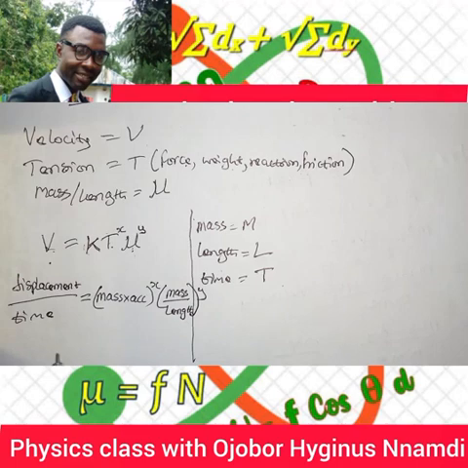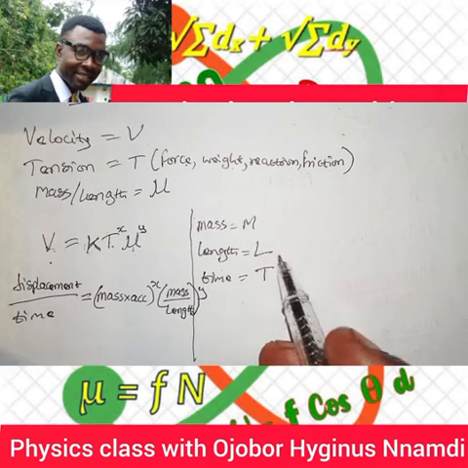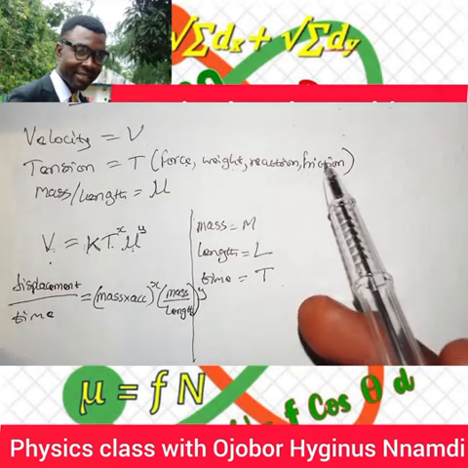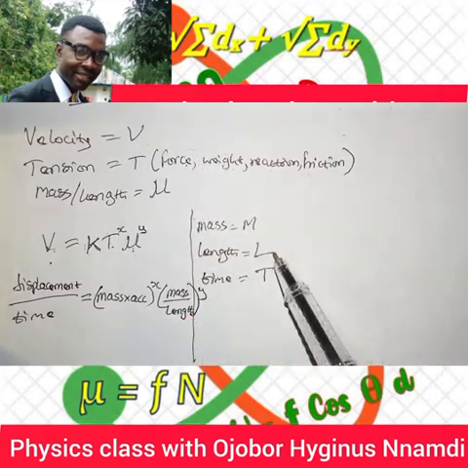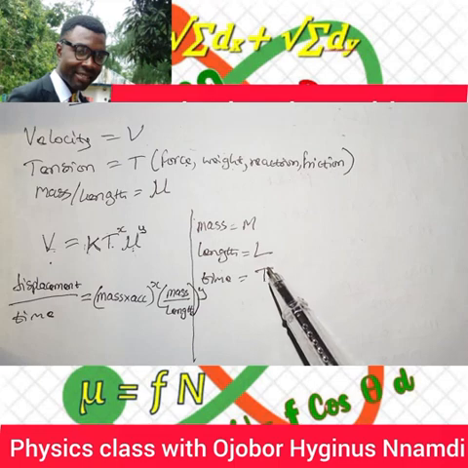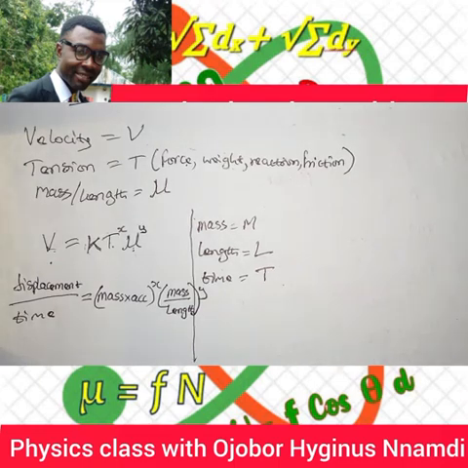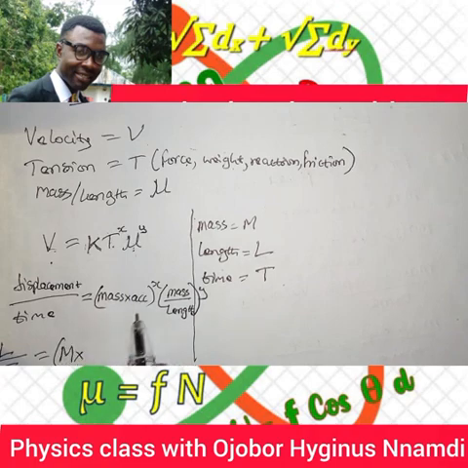So if we continue like that, dimension of displacement is L, because displacement is also a length. I told you, just like we have described under tension, displacement is length. It can be distance, it can be width, breadth, height. These all have the same dimension. So knowing that displacement is L divided by time is T equals, open bracket, dimension of mass here is M, but acceleration is not here.